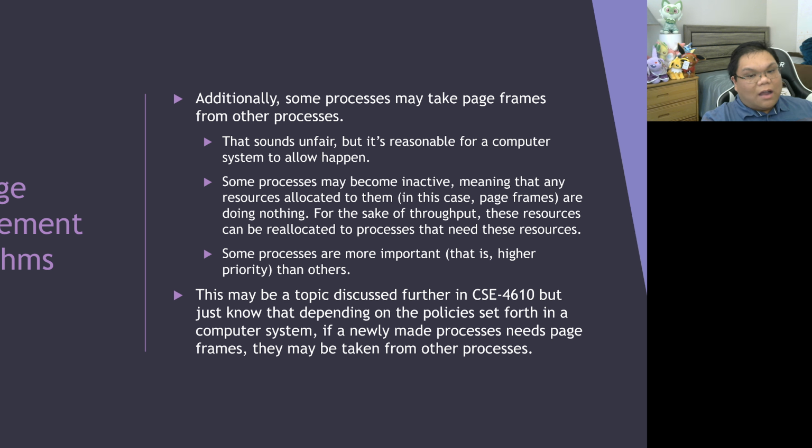Also, some processes are higher priority than others, so they're gonna need more page frames to make sure they have enough memory for the work that they need to do. This is a topic that may be discussed further in CSE-4610, but basically, if a newly made process needs page frames, it may take them from other processes.